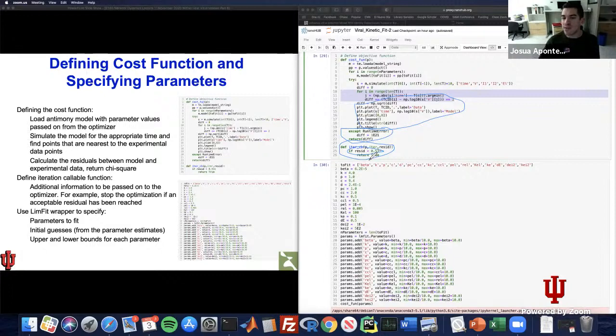The reason we're doing that is because the optimizer has its own rules to determine success, and those rules might or might not be the same rules that you as a user want. Maybe the optimizer is obsessed with minimizing a particular difference, but for you, the fitting is good enough.